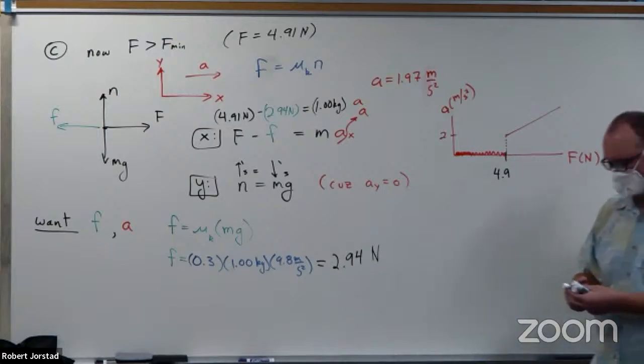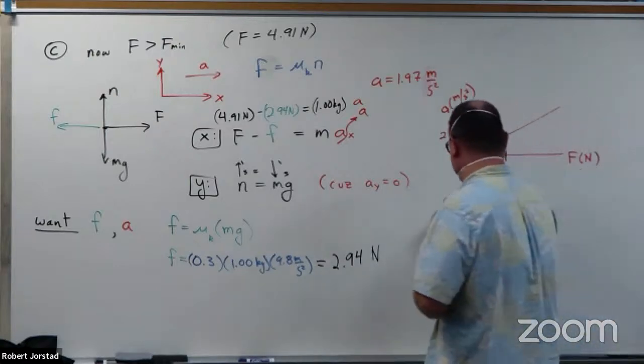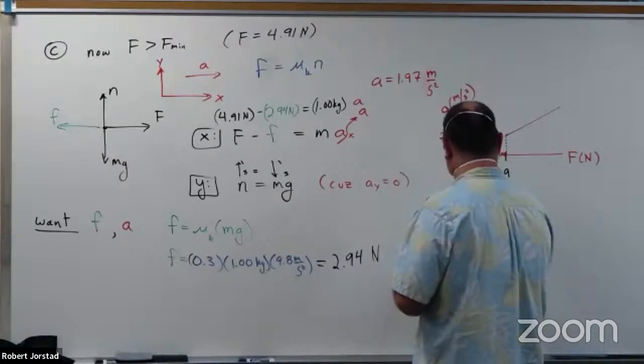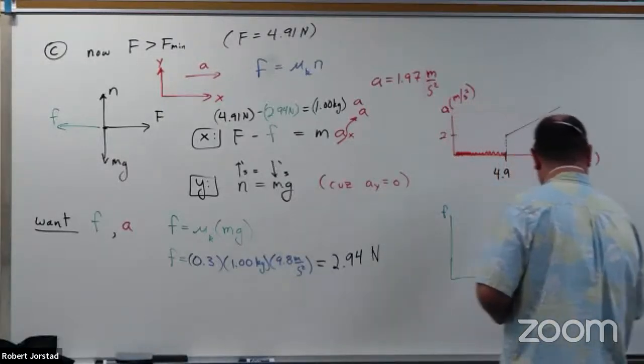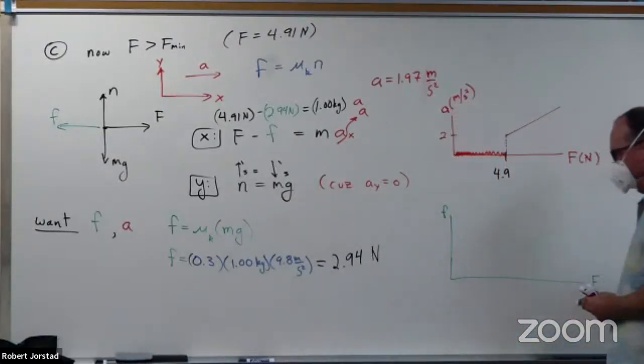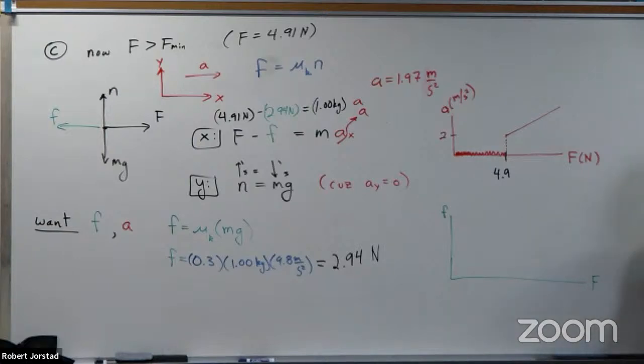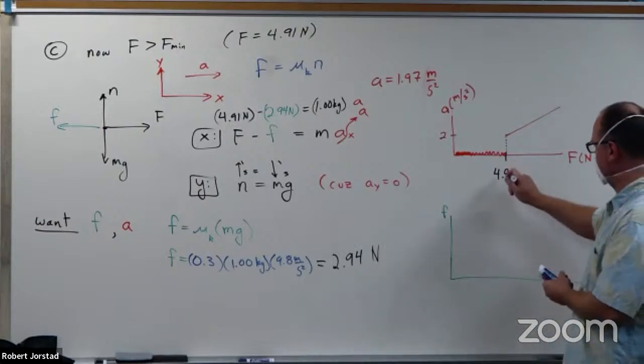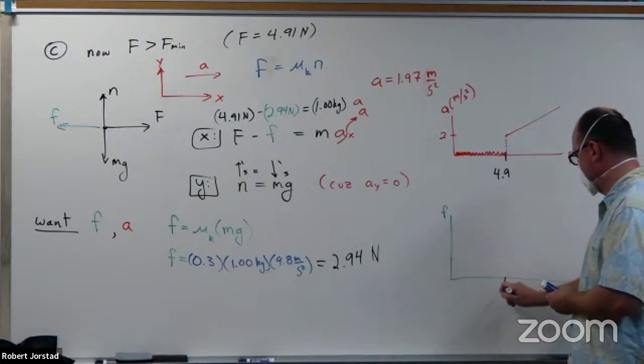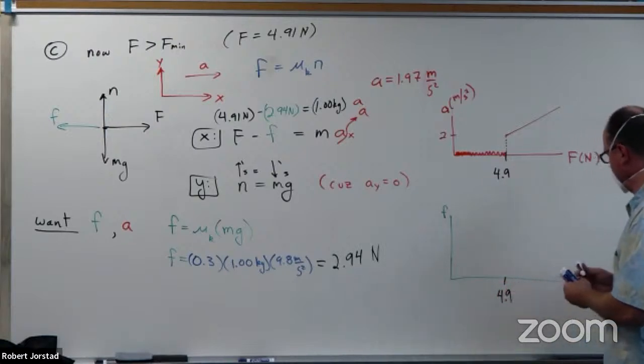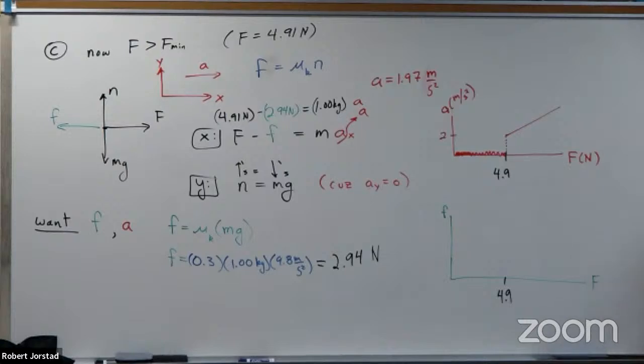All right. Now let's look at the frictional force versus F. This is also weird. If you apply 0 force, well, let's put our special number in here, our over under, right? 4.9 is the special value of F. Something weird happens there.